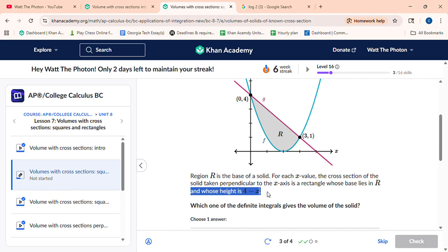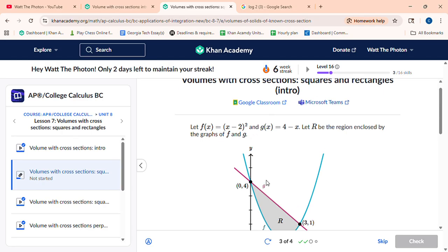Whose height is x equals 4. That area times x minus 4. Sure, I think that works. So we have x squared, g of x is equal to x minus 4.